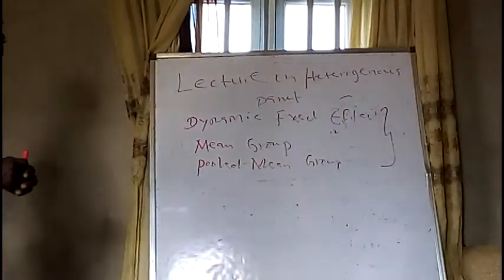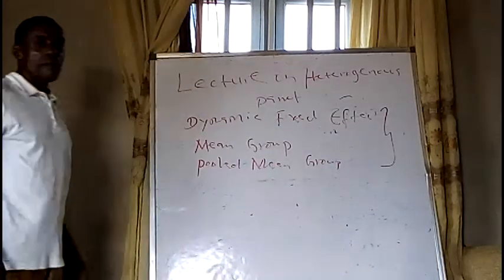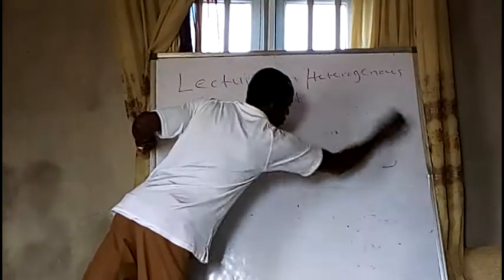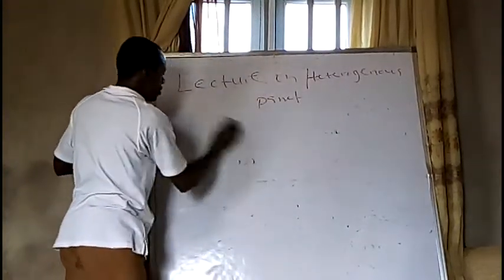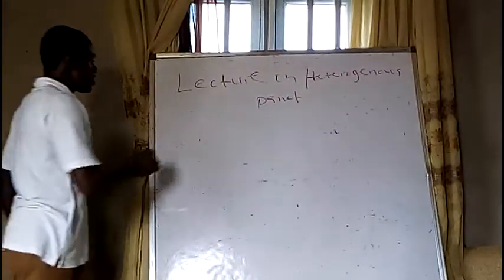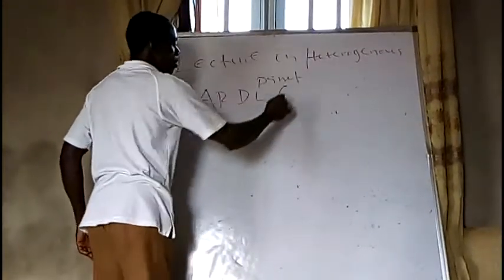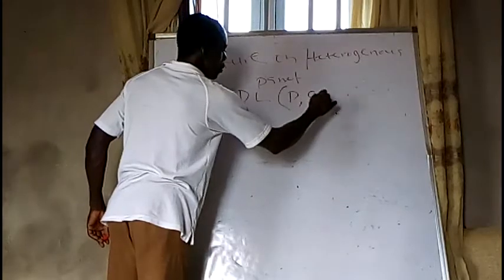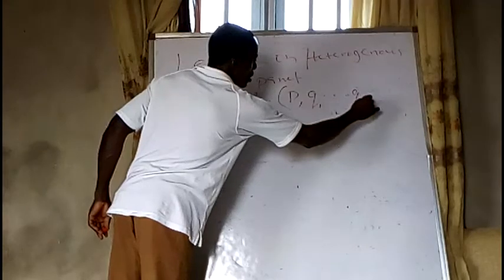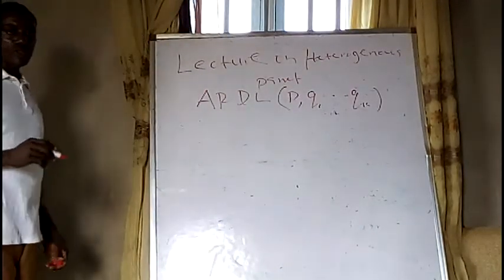Before we start, let me define a typical ARDL panel specification. A typical ARDL panel specification, ARDL of order P, Q1 to QK can be defined as follows.